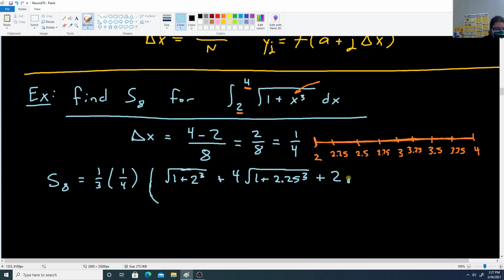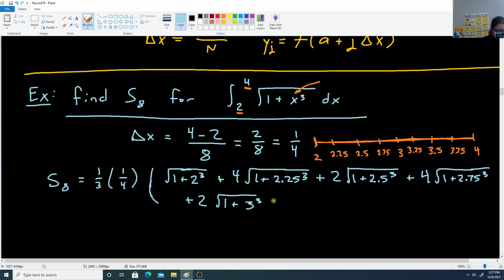Plus now the next number has a 2: 2 times the square root of 1 plus 2.5 cubed. Then another 4, so we're making the 4, 2, 4, 2 pattern: 4 times the square root of 1 plus 2.75 cubed. Back to a 2, so plus 2 times the square root of 1 plus 3 cubed.